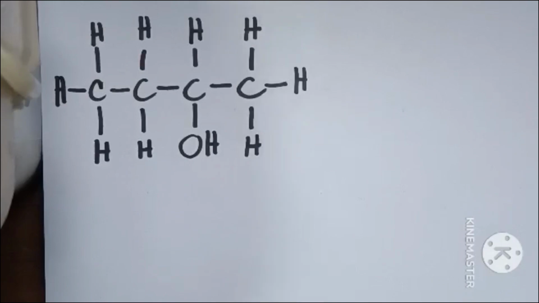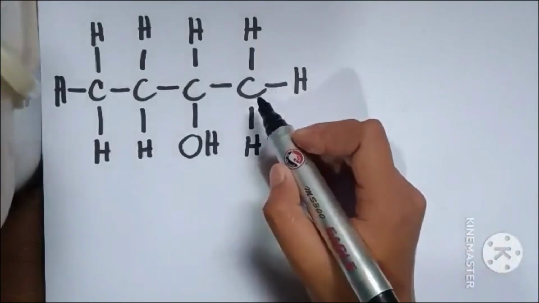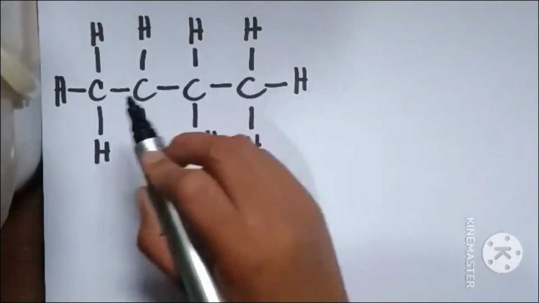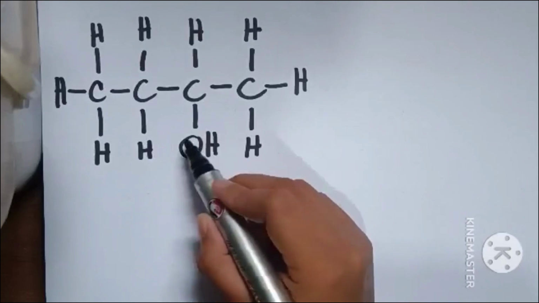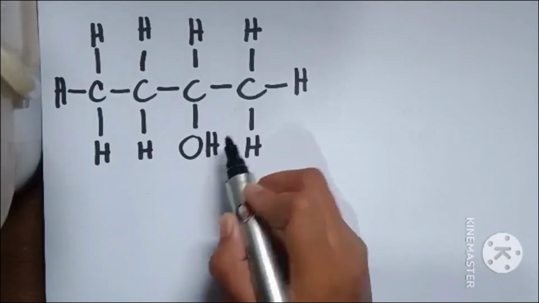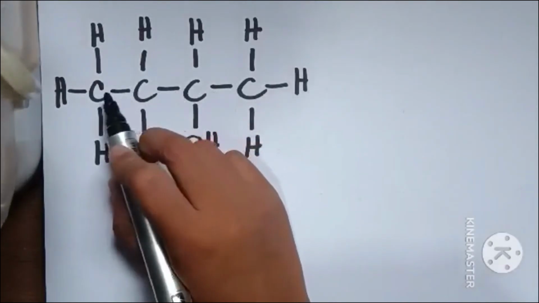For now, let's have an expanded structural formula. So what about this expanded structural formula? How do we name it? The first step is to name the longest carbon chain to which the nearest hydroxyl group is attached. So we start to name from right to left since the alcohol is located here. 1, 2, 3, 4.